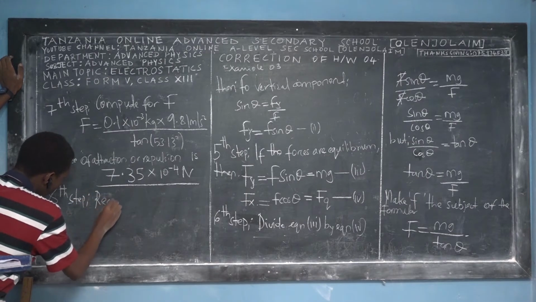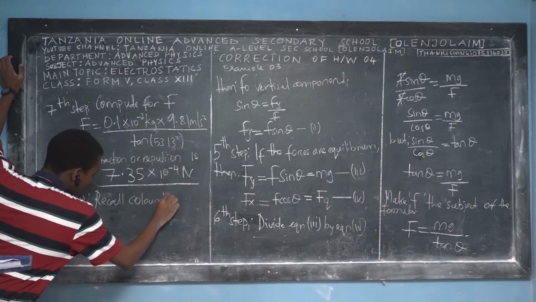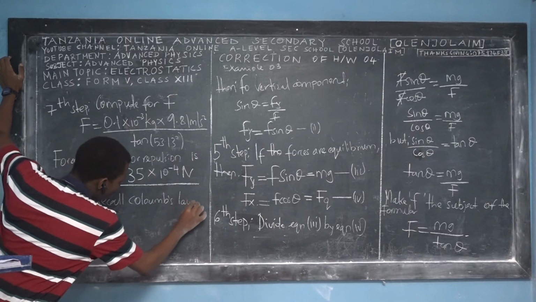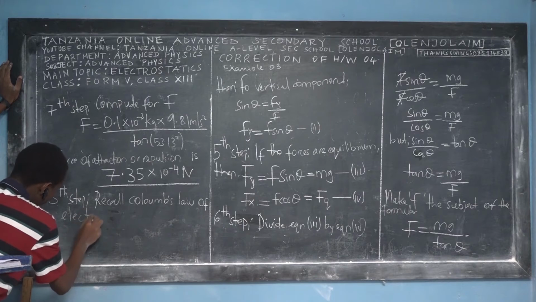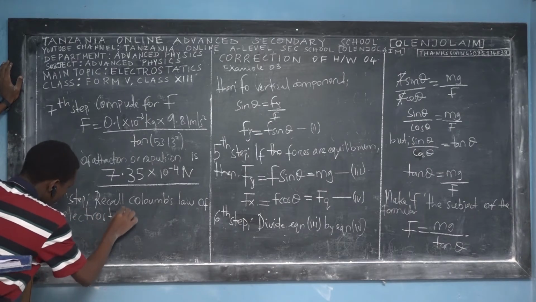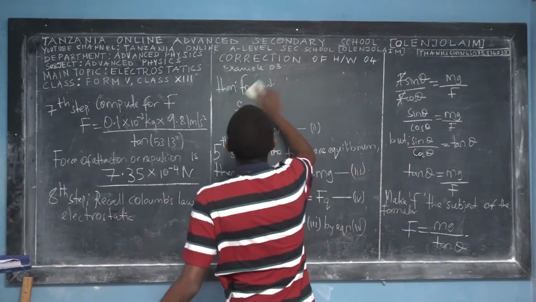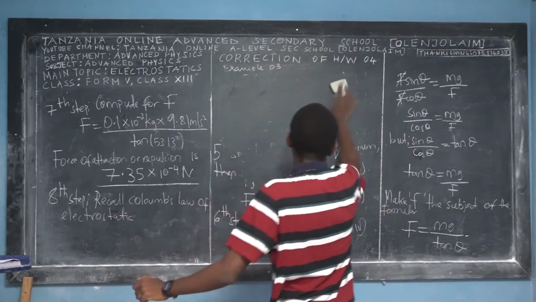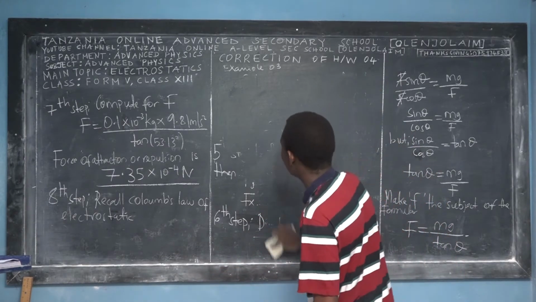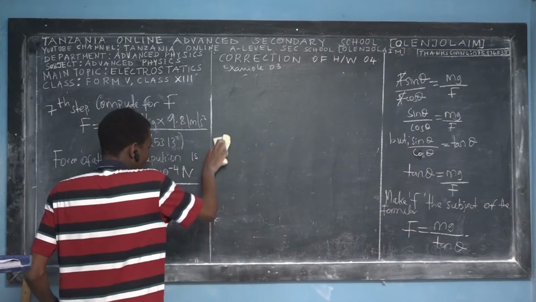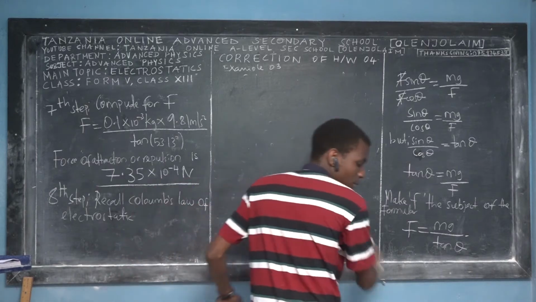Recall Coulomb's law of electrostatic. According to Coulomb, this man said that the force of attraction or repulsion is directly proportional to the product of the charges and inversely proportional to the square of the mean distance between them.